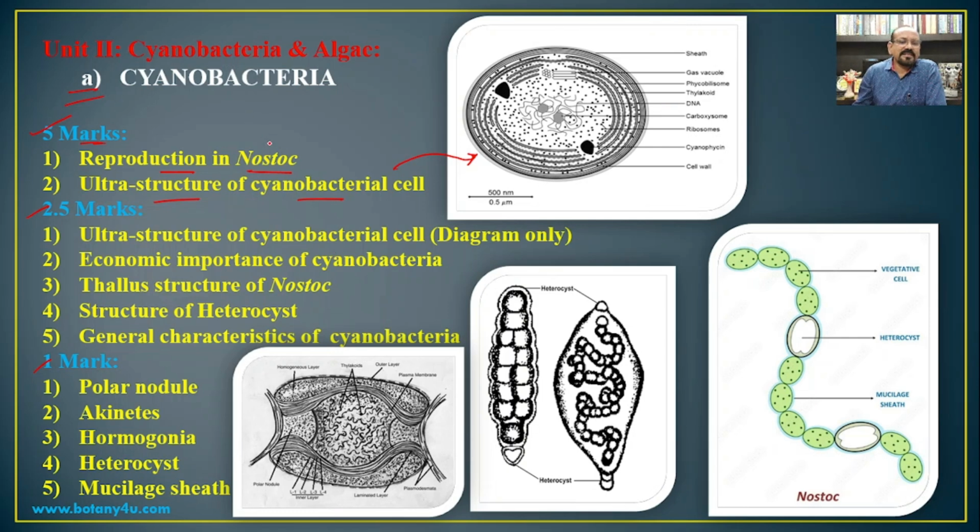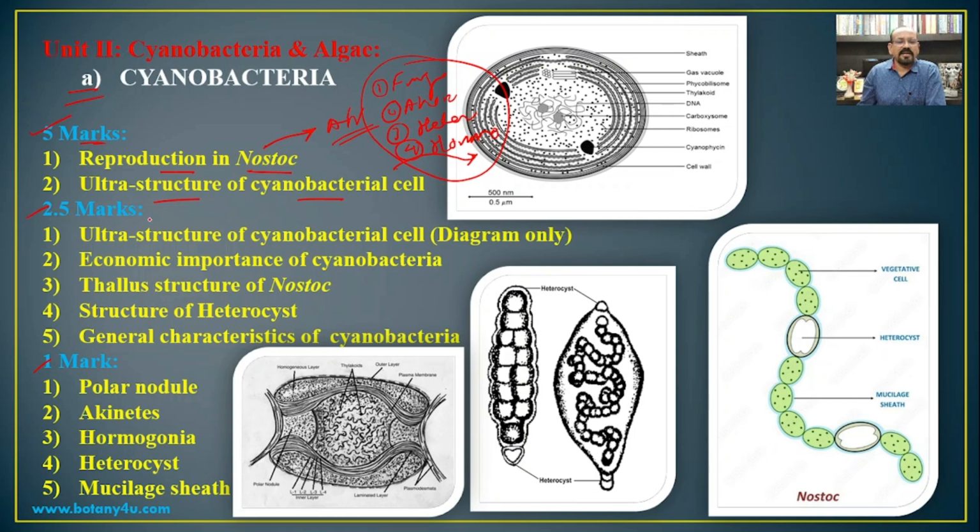If the question is asked on reproduction, first of all you have to remember that in Nostoc or cyanobacteria sexual reproduction is absent, and hence asexual or vegetative reproduction is there, which includes reproduction by fragmentation, second by akinetes, third by heterocyst, and fourth by hormogonia. So just remember that there are 4 different types of reproduction in Nostoc or cyanobacteria.